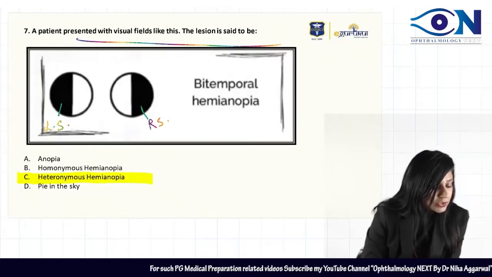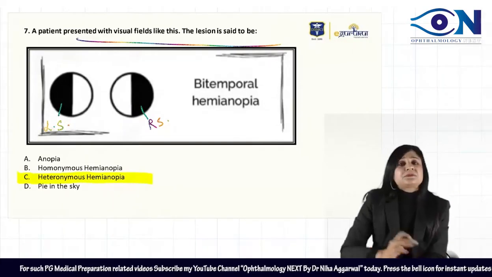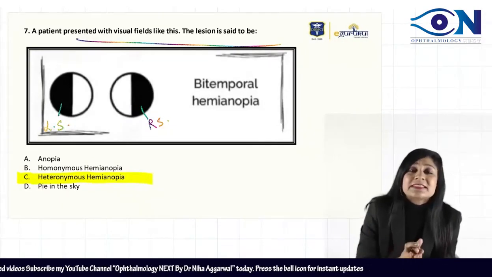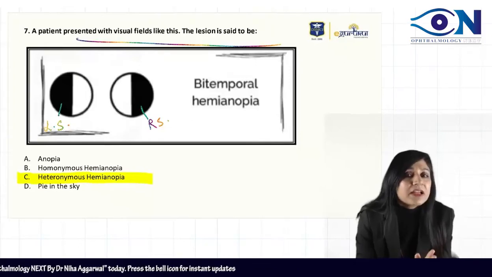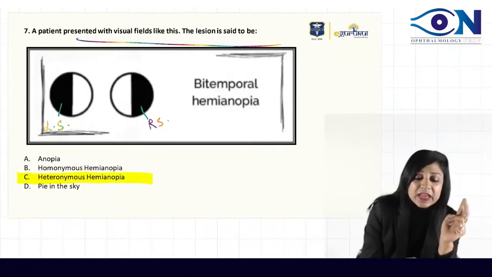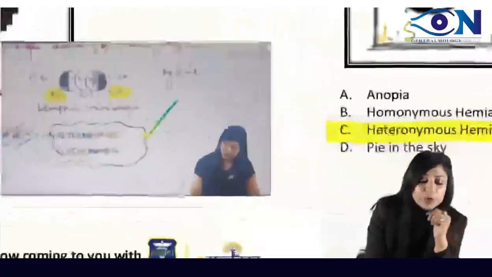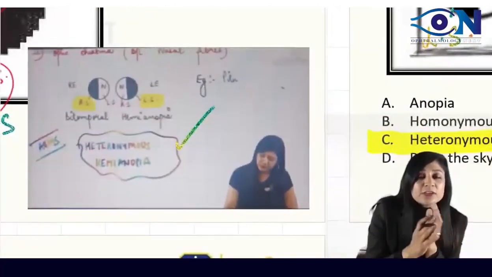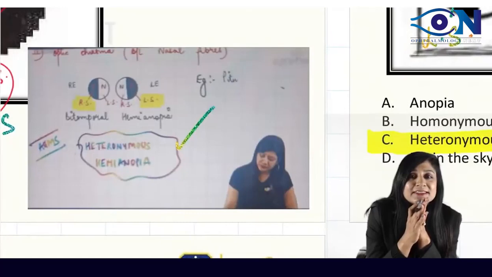Now I could get you कि दोनों questions थे और दोनों क्वेश्चंस में सेम बाइटेम्पोरल हेमिएनोपिया था. एक में लीजन पूछा था एंड इन वन दे हैड आस्क्ड दैट इट इज हेटेरोनिमस, एंड वी हैव डन दिस सो मेनी टाइम्स. नाउ कैन यू टेल मी दैट व्हाट इज द एग्जांपल?